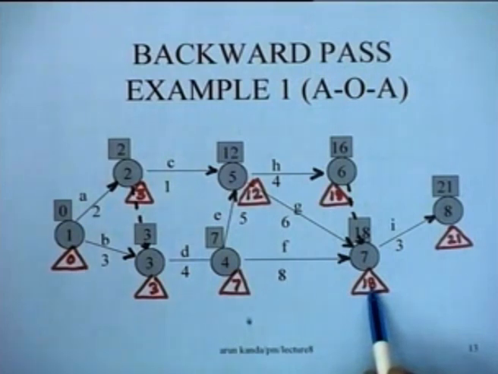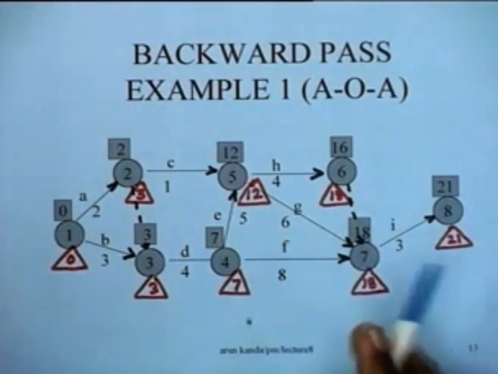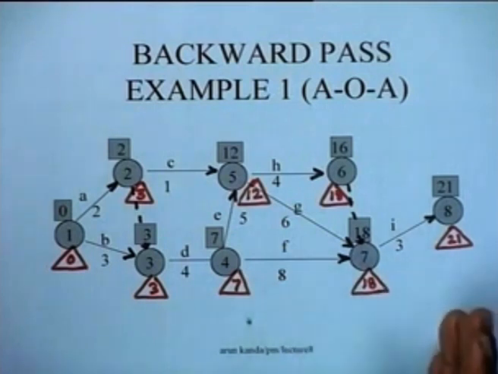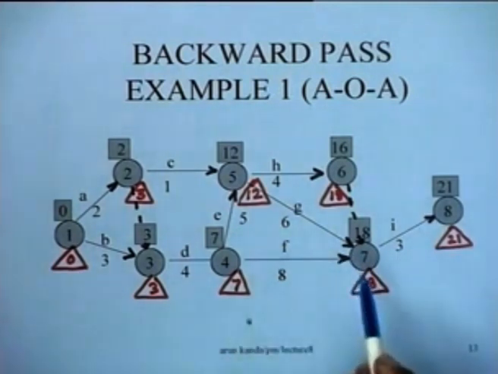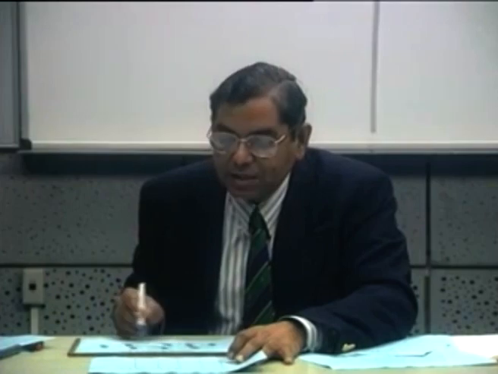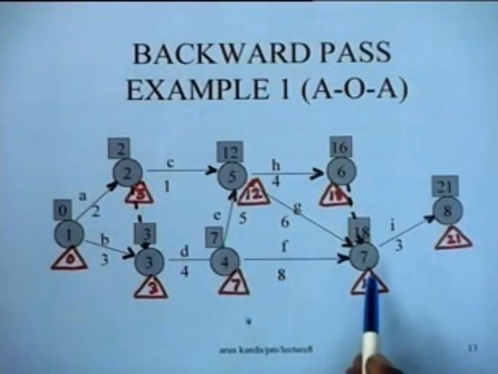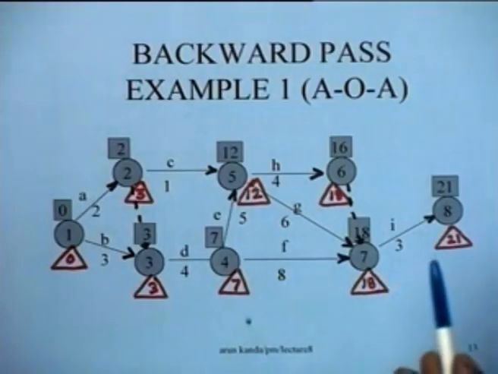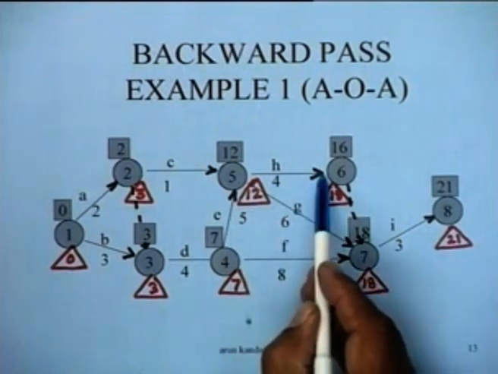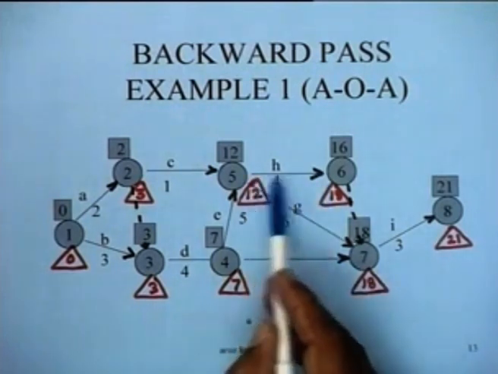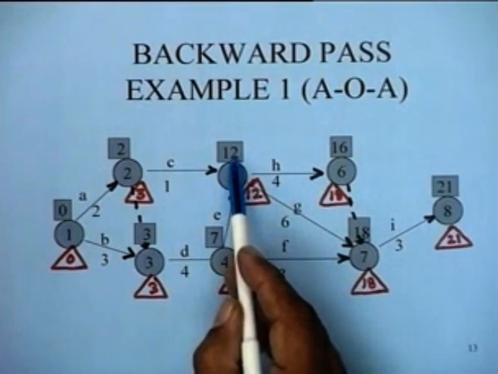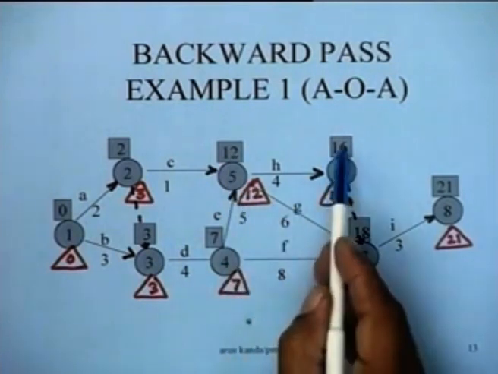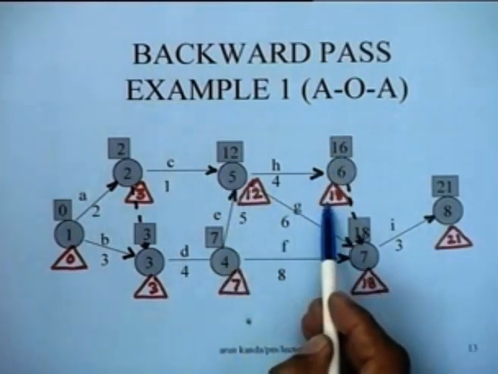So in this particular case all the 4 floats are going to be equal, because slack on preceding node and slack on succeeding node is 0, and that is why we had the same value for activity F for all the 4 floats. Take for instance the other activity H. For this particular activity the slack on the preceding node is 0, the slack on the succeeding node is 2.